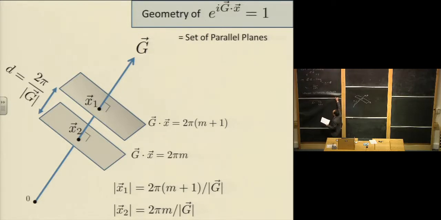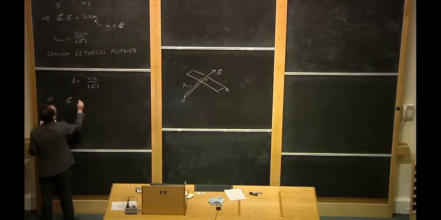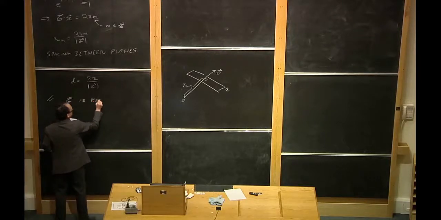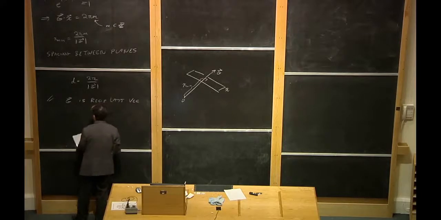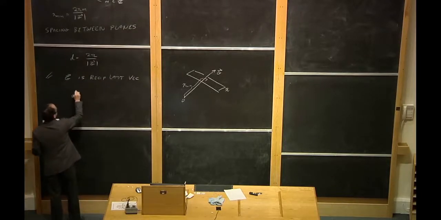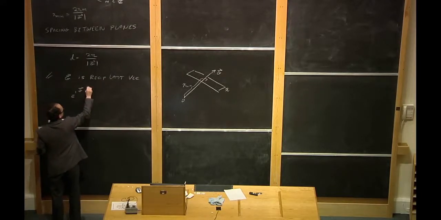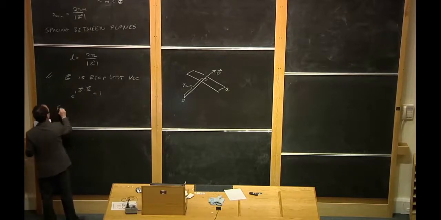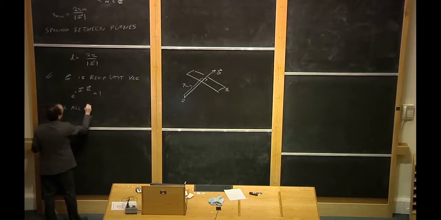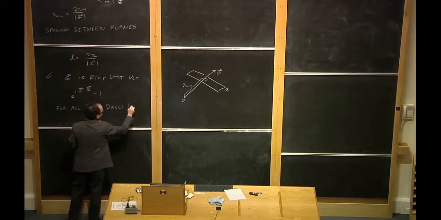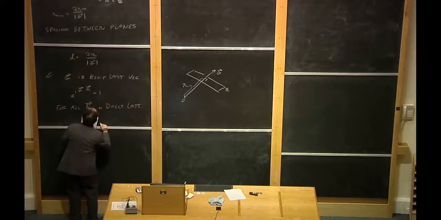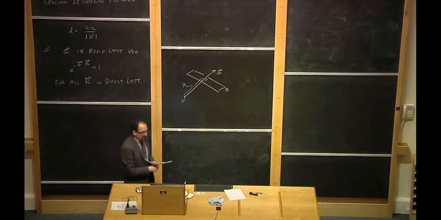So now recall that if g is a reciprocal lattice vector, then e^(i g·r) = 1 for all r in the direct lattice. That's our definition of the reciprocal lattice.